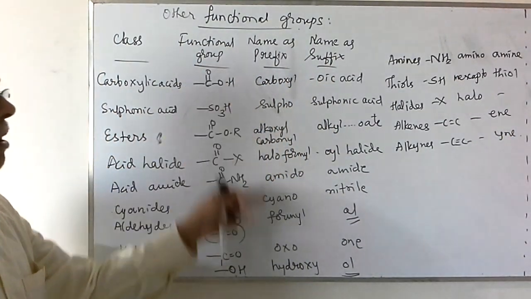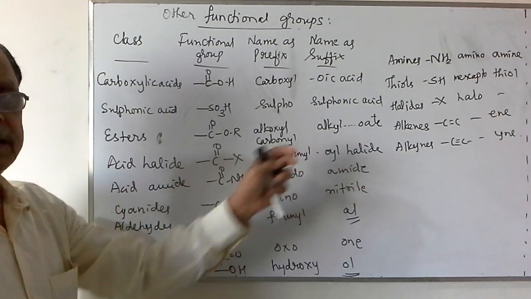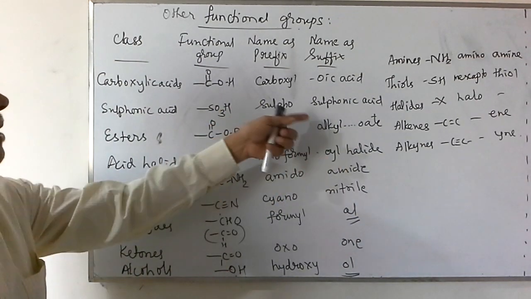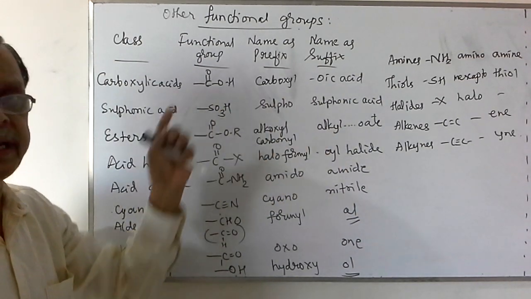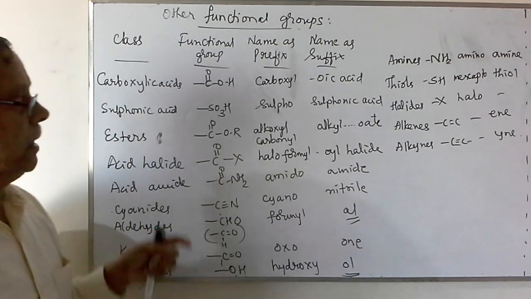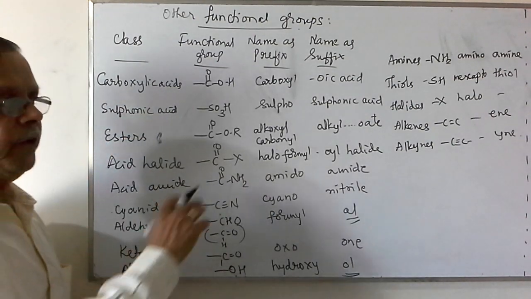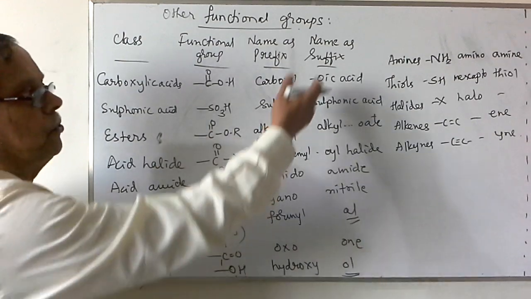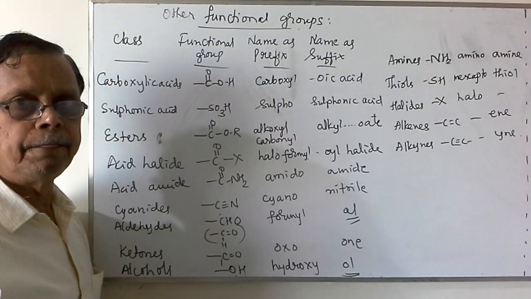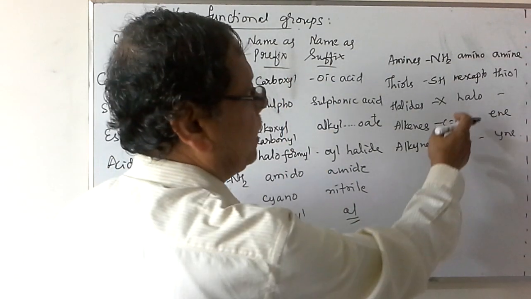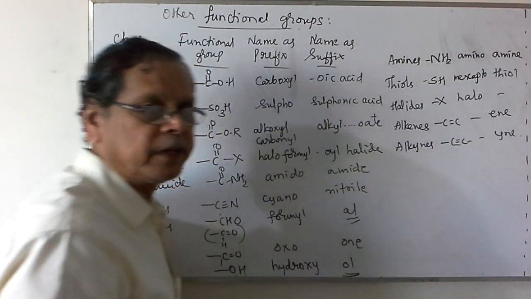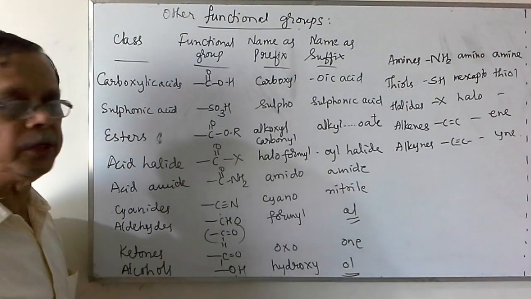This is the same order in which we have to use the names of these suffixes and prefixes for the various functional groups. For example, if only one functional group is present, then we have to use the suffix only if available. For the halogens only prefix is to be used.